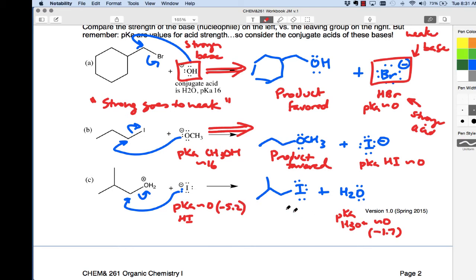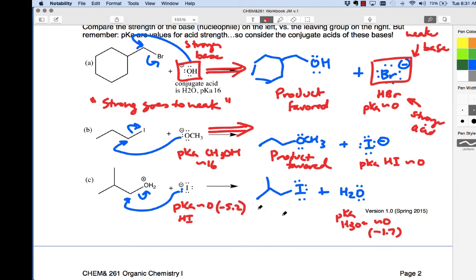If these numbers were only different by less than 2 pKa units, then we pretty much consider them reversible. You need about a difference of 2 or greater to say, oh, that's more than 100 to 1. So in this case, it's about 1,000 to 1. So here we have the stronger acid. So this is the weaker base. This is the stronger base, but just, not super stronger, right?